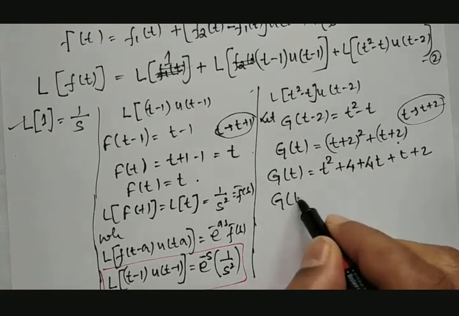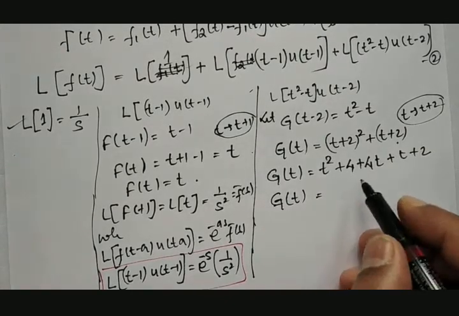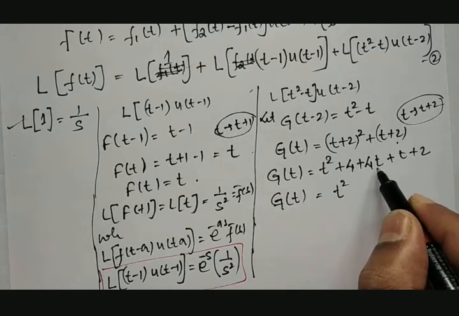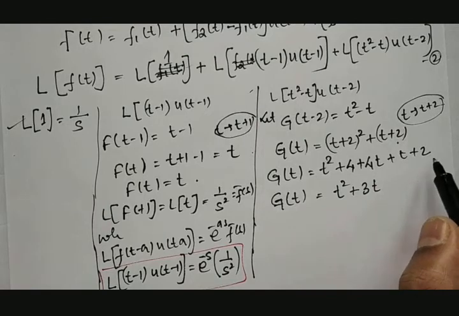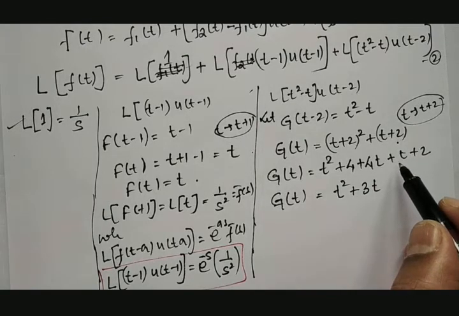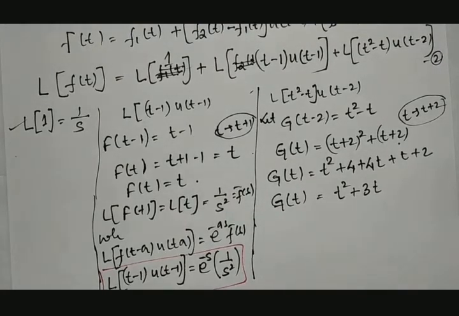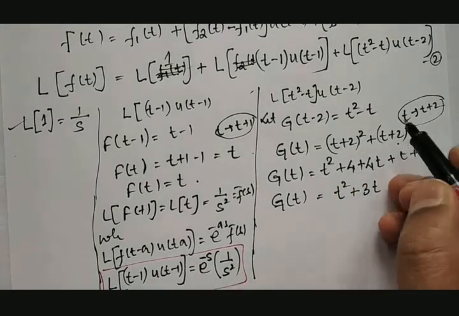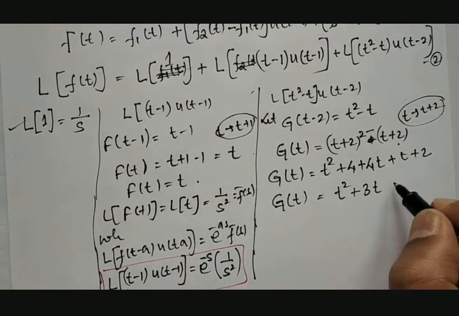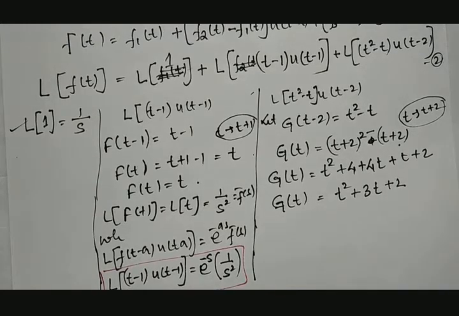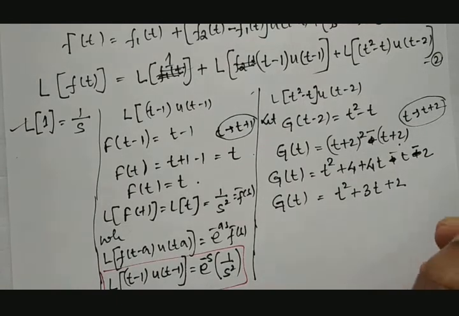Simplification gives t square, 4t plus t will be 3t, then 4 plus 2, which is 2.